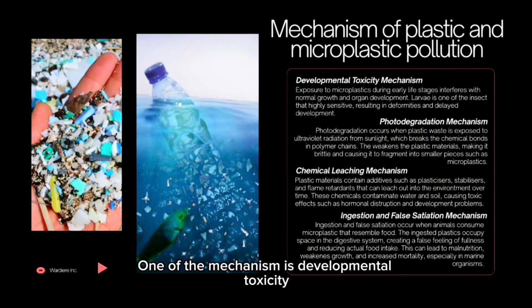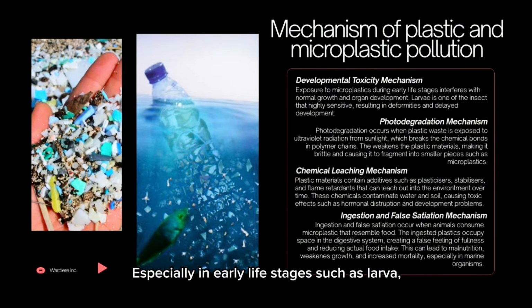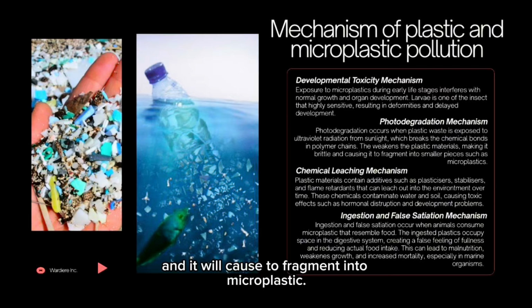One of the mechanisms is developmental toxicity. Microplastic can affect growth and development, especially in early life stages such as larvae, causing deformities and delayed growth. Another mechanism is photodegradation. When plastic is exposed to sunlight, ultraviolet rays break its chemical bonds, making it brittle, and it will fragment into microplastic.